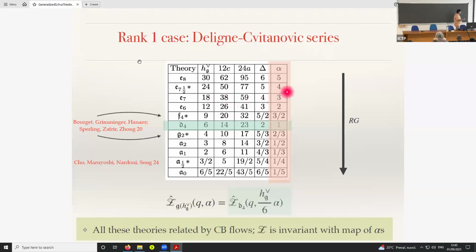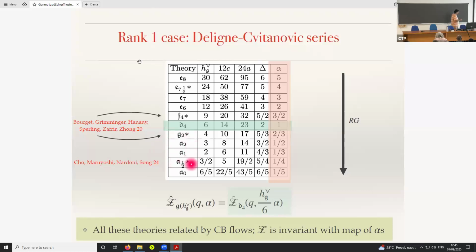But actually, for alpha equals 4, we get exactly the character of the vacuum module of that VOA. We get E7, E6, and then we get D4 and G2. Again, these are not physical theories. These exist as VOAs, but I don't know of a physical theory for which these things arise through this VOA N=2 SCFT correspondence.